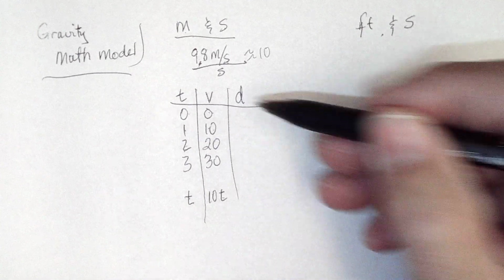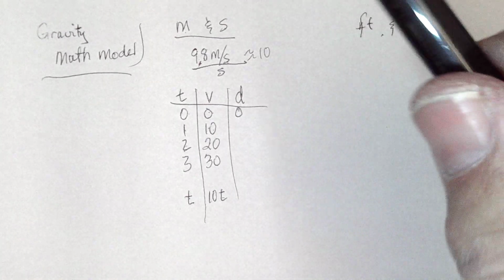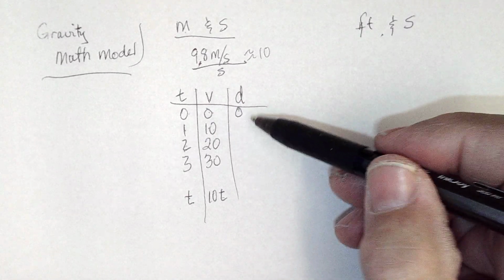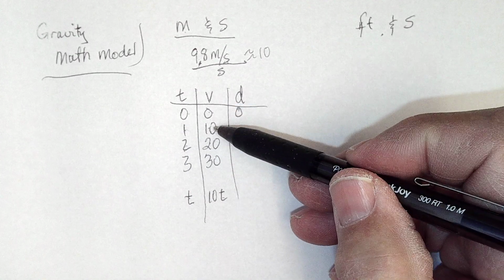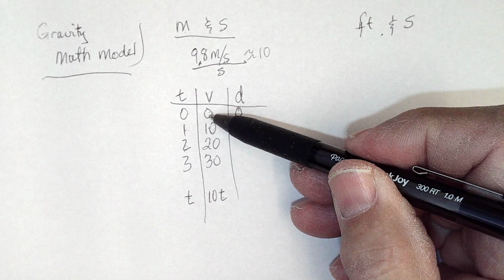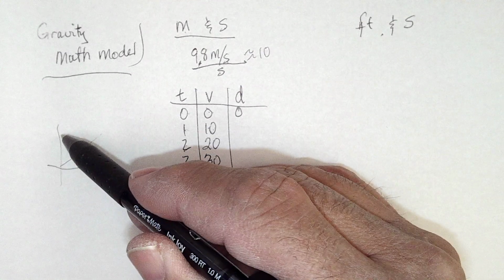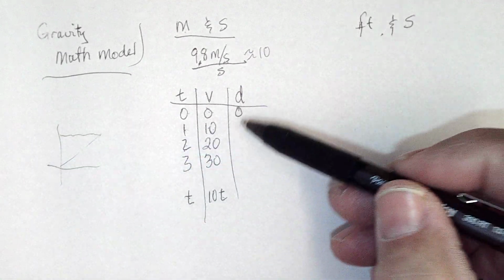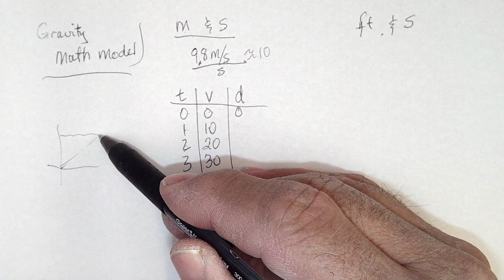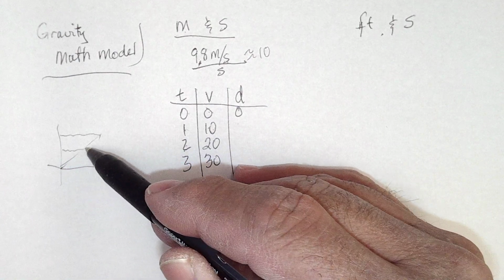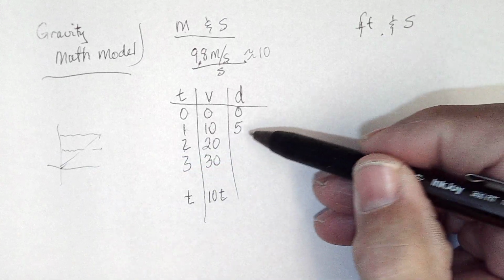And the distance that it has fallen will be 0 from where I drop it. And after 1 second, well, its speed isn't 10 the whole time. It starts at 0 and it gets up to 10. Now, if it was going 10 all the time, it would have gone 10 meters. But if it starts at 0 and gets to 10, its average speed is about 5, and so it would have gone 5 meters.